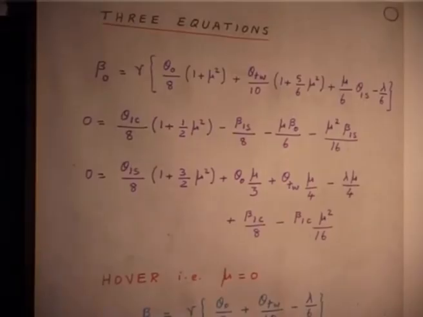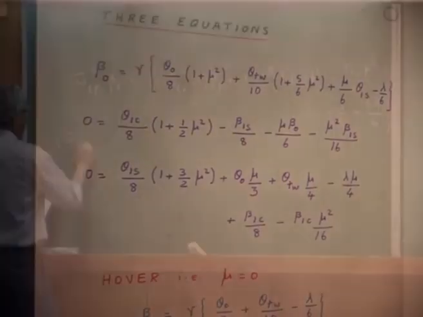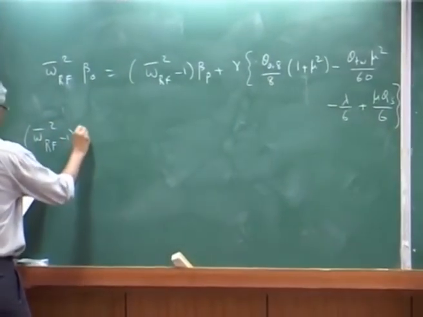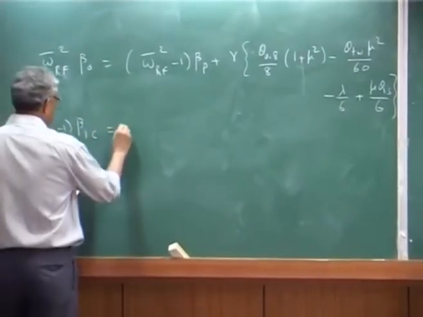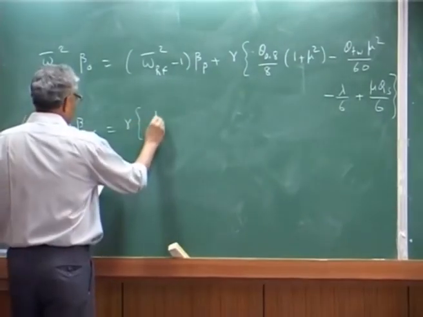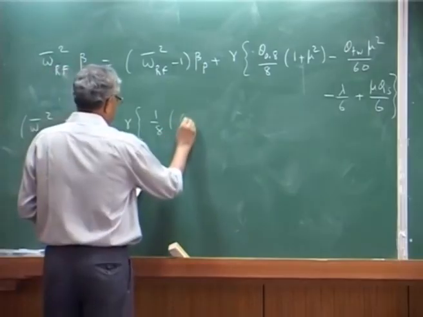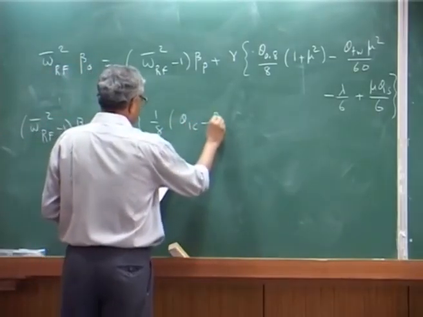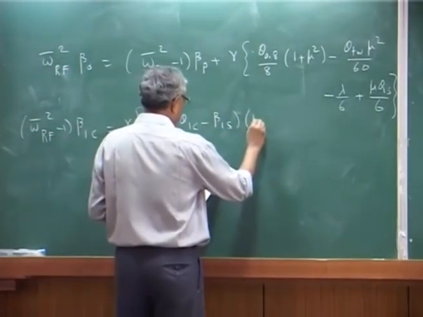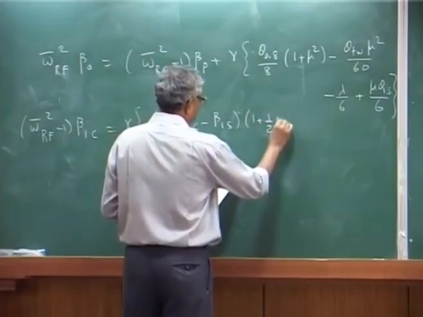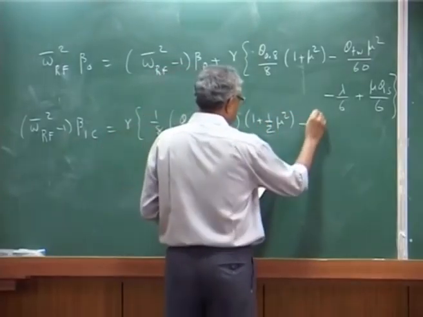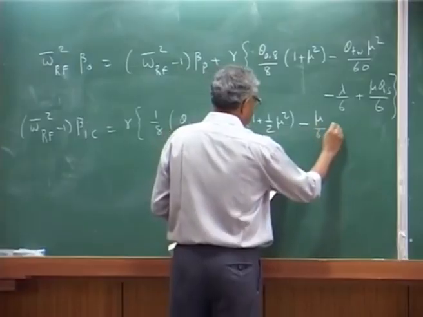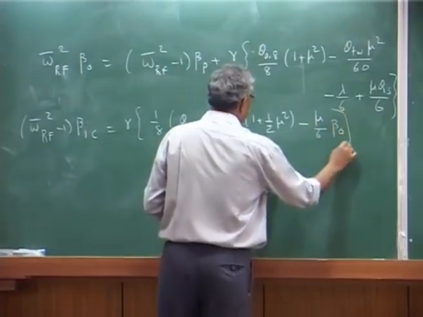is omega bar, this is a little different, minus 1 beta 1c is gamma 1 over 8 theta 1c minus beta 1s into 1 plus half mu square minus mu over 6 beta naught.